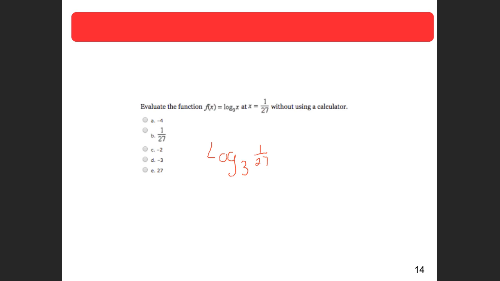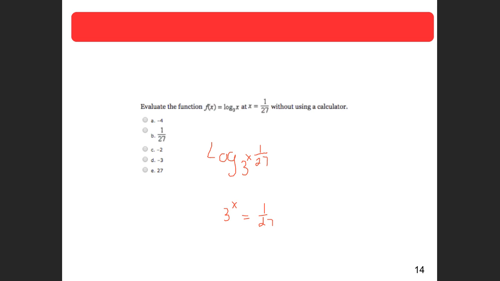Letter D. I would agree. Because if I had to rewrite this, I would do this. I always just put an x here. So my question, when you have a log like this, is: log base 3 to what power is equal to 1 over 27?